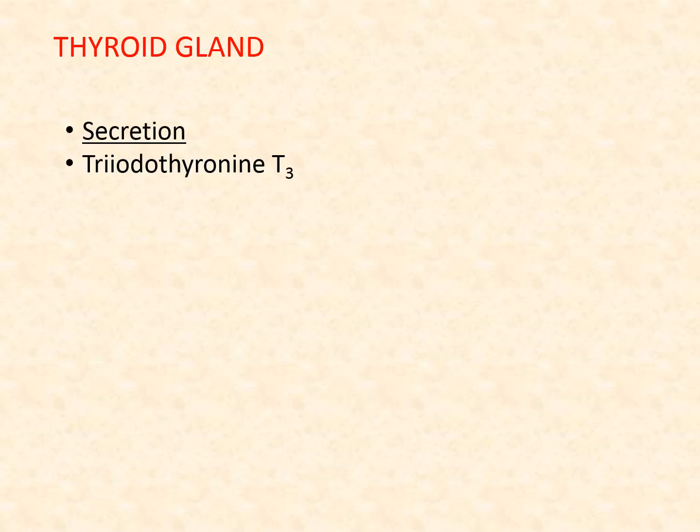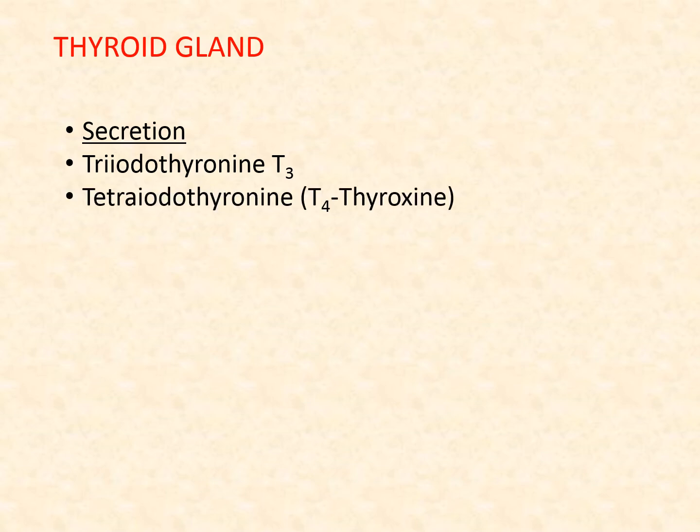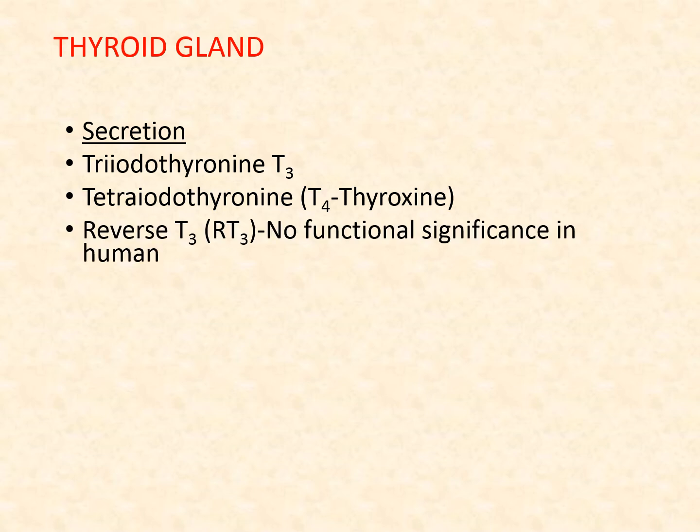So the secretions are triiodothyronine T3, tetraiodothyronine, better known as thyroxine T4, and reverse T3, which has no functional significance in humans, so we are not going to stress on reverse T3 much. Another secretion is calcitonin.